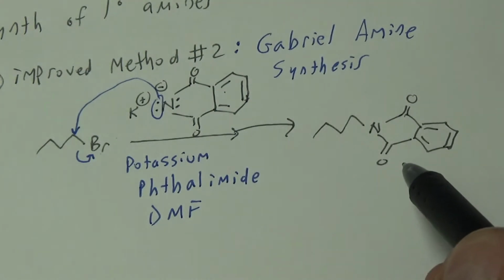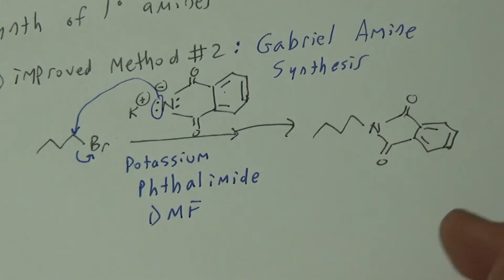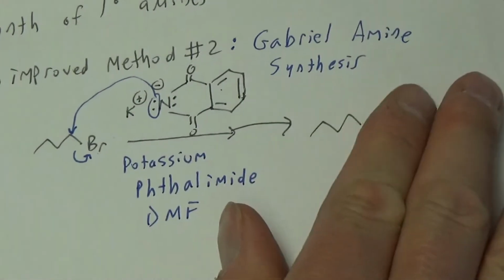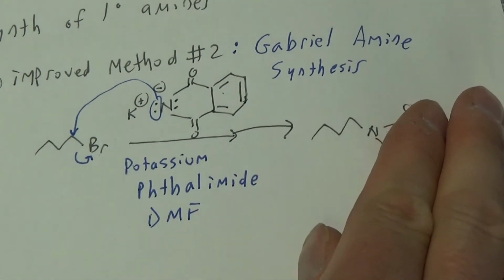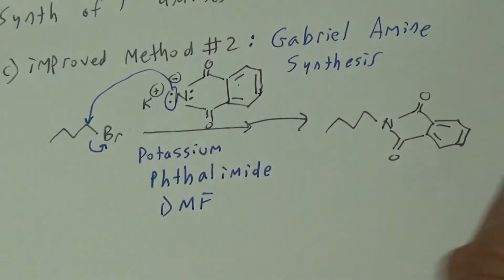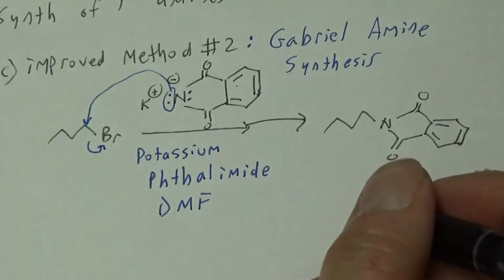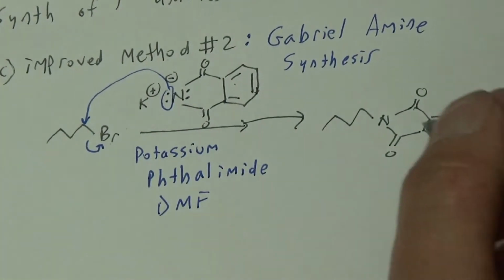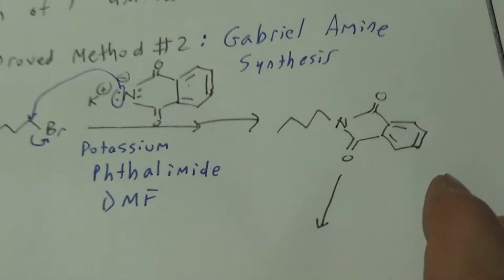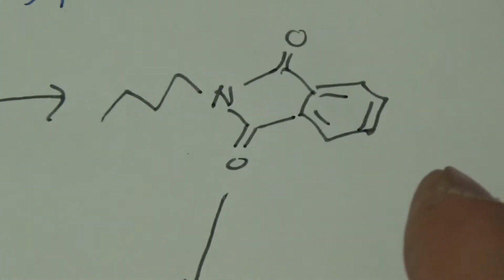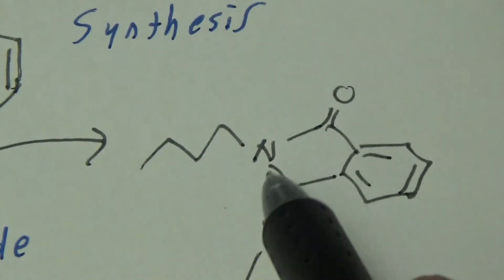Now the only question is, how do we get to the amine? Because we don't want this whole thing on there. We basically want that NH2, right? We just want to have an NH2 there. This is actually pretty easy to do, because if you look at it, it's kind of like an amide, but there's two of them.